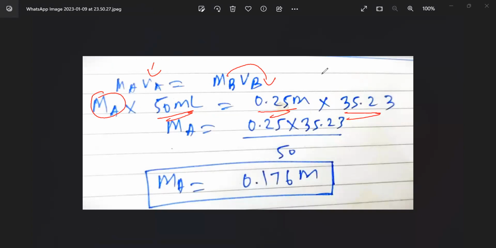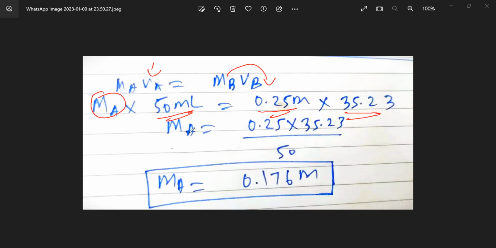Okay, some of you might ask, sir, the volume has to be taken in liters, but here you have taken ml. Yes, you can take it in liters, but if you take 50 ml into liters, it's going to be 50 by 1000 on the left hand side, and 35.23 by 1000 on the right hand side. So ultimately the 1000 gets cancelled on both sides. So whether you take it or not, it's not going to change your answer as such, right?